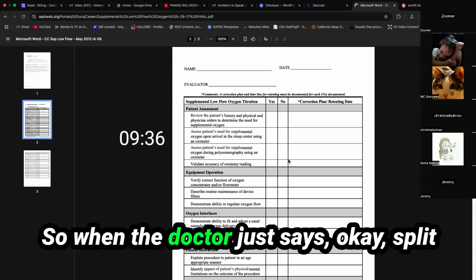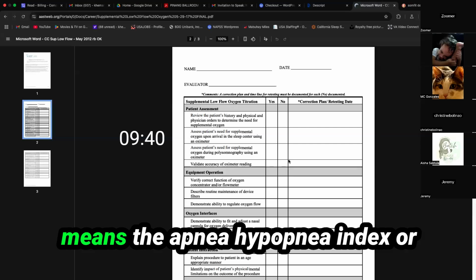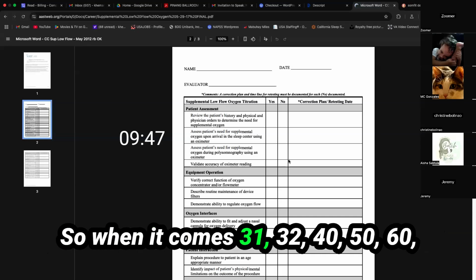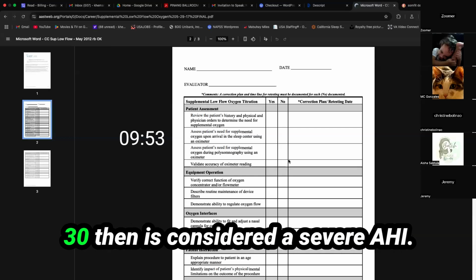When the doctor just says, okay, split the patient if the patient is severe, that means the apnea-hypopnea index, or apnea-hypopnea per hour, is more than 30. So when it comes to 31, 32, 40, 50, 60, 80, what have you, anything above 30 is considered a severe AHI.